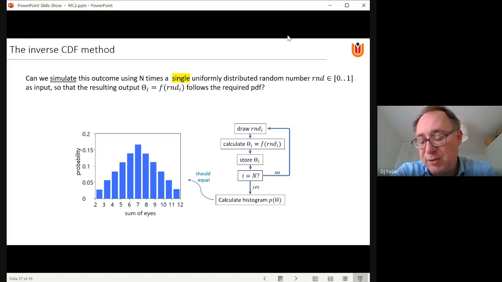And if you're done, then you calculate the histogram of these data, so you plot that, and that should equal the probability density function that you put in. So that's the glaring omission in this graph: how do you calculate f? How do you approach that?